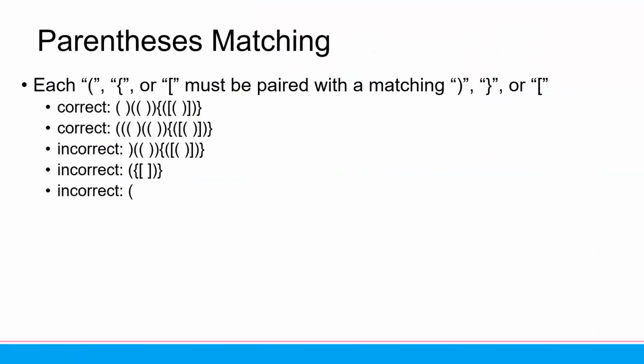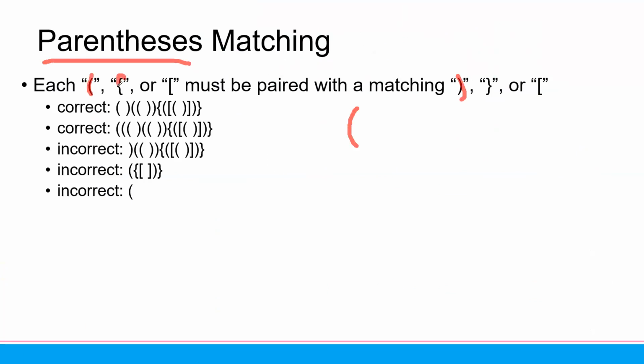So there are some examples of the stack. The first example is parenthesis matching. You know, parentheses. Whenever we make a parenthesis, okay, this is the opening, there should be an ending.